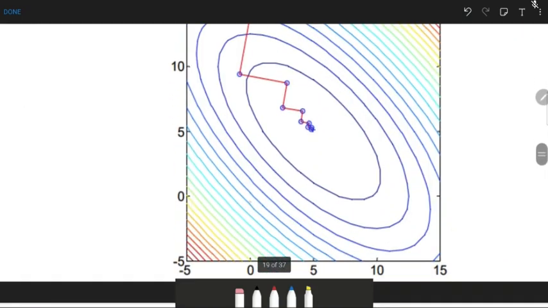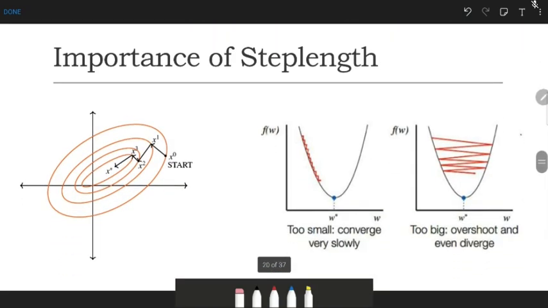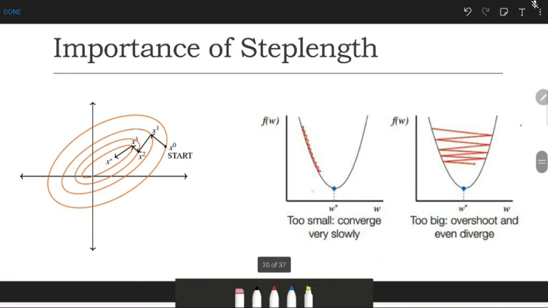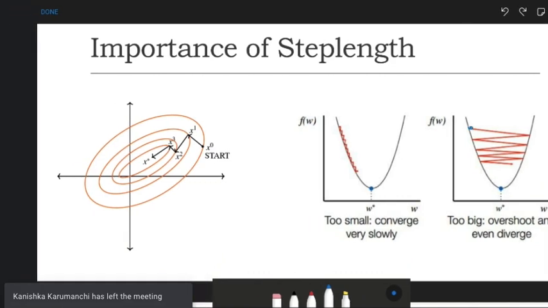Another, this is without the color. Importance of step length. If your alpha is very small, it will take a lot of time to come here. And if your alpha is very big, from here you will step far.